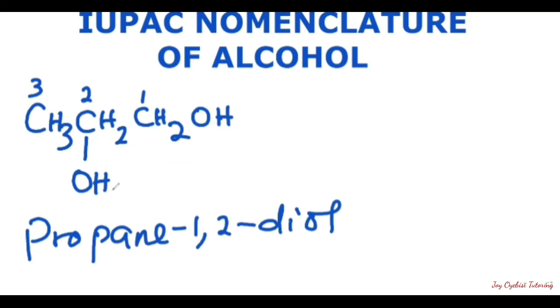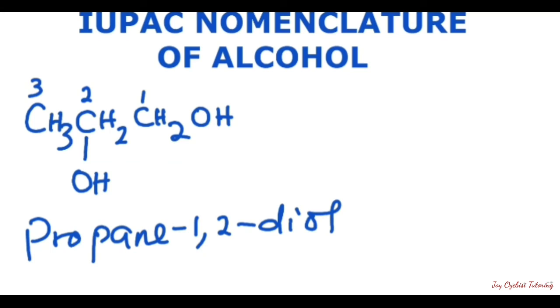So that's the name, propane-1,2-diol. So you name the alkane in full, and then you represent the numbers of the carbon where the OH is attached, and then depending on the number of OH attached, if it is 3, it will be triol. If it is 2, it will be diol.